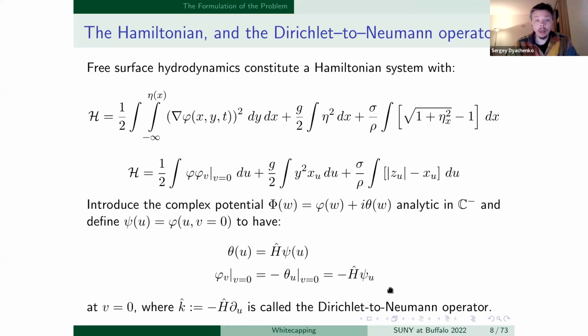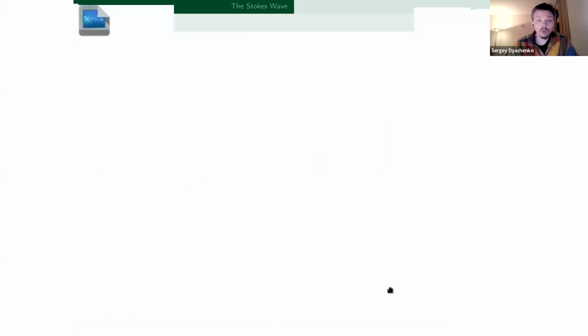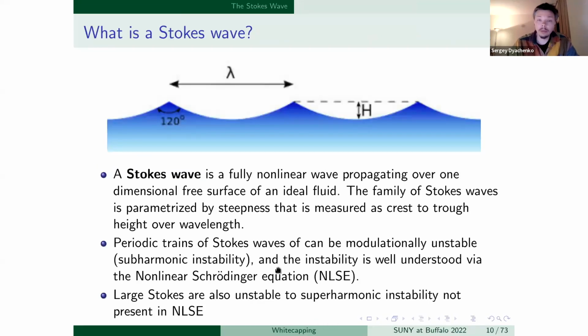Okay, so now let me go to the Stokes waves. Stokes waves are fully nonlinear waves that propagate over a one-dimensional fluid. There's a family of these Stokes waves going from waves of small amplitude all the way to the so-called limiting Stokes wave, which is represented here on the figure.